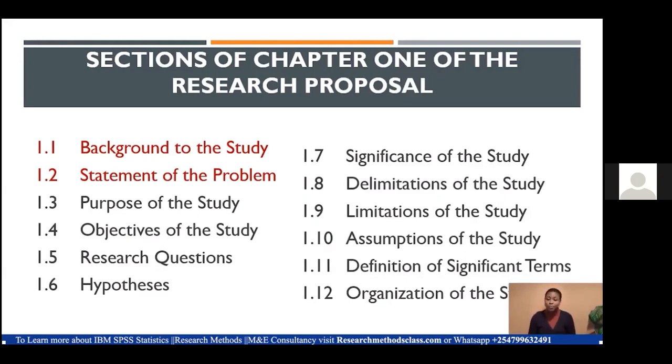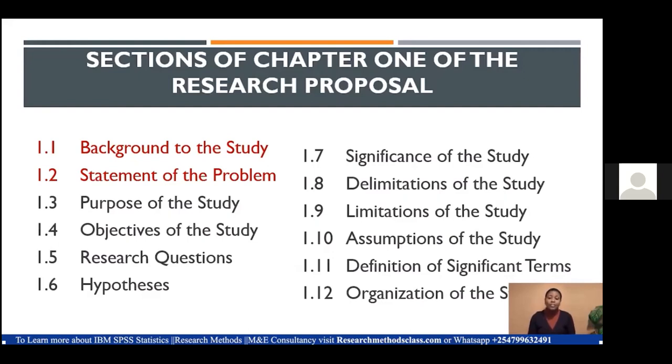Now, these sections may look more than what you may be familiar with, because we have listed objective, research questions and hypotheses together. Some institutions will only have research questions and hypotheses, others will only have objectives and hypotheses, others may have the three. So that is why we have listed all the sections that may be appropriate in chapter 1.